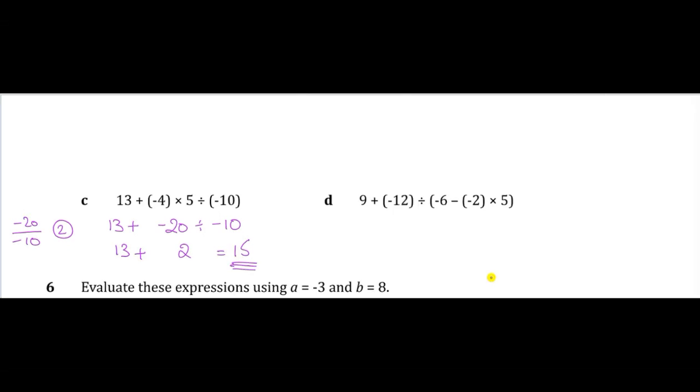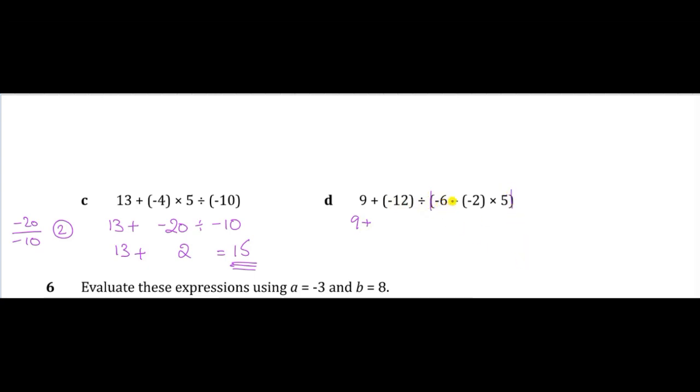For part D, I have a 9 plus a negative 12, but the divide sign takes over. I've got to have a fraction here. That means my denominator is everything inside this bracket.